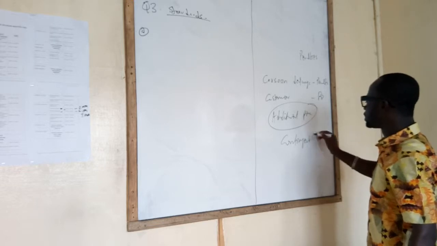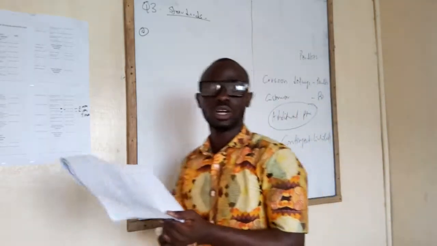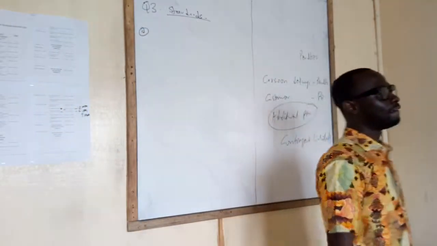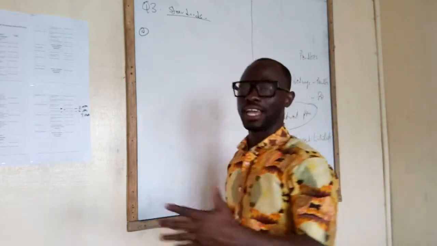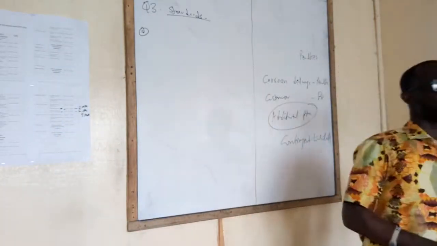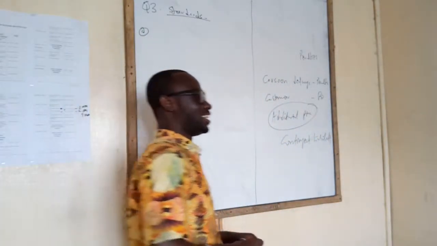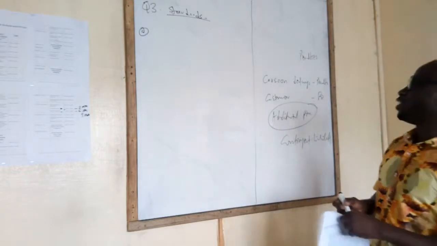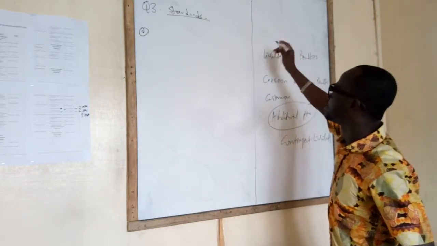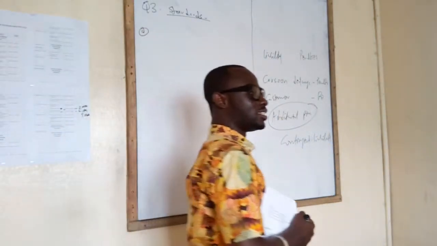Now what is a contingent liability? What is a contingent liability? IAS 37. It's not a present obligation. When you start with a present obligation, then you are defining a liability. What is a contingent liability?